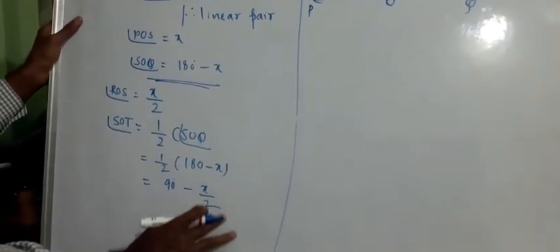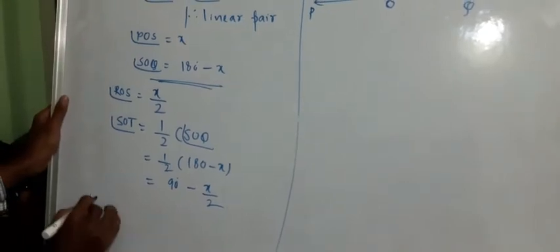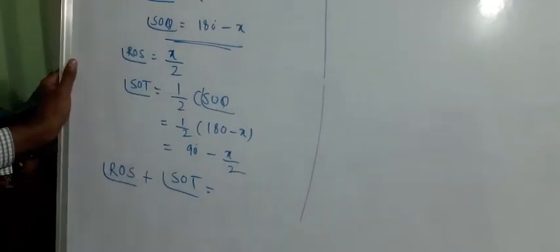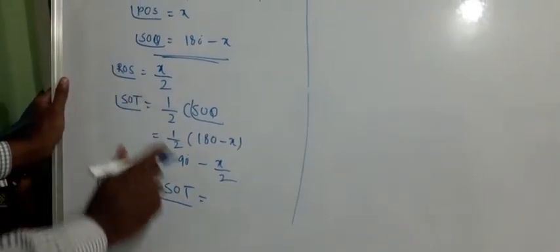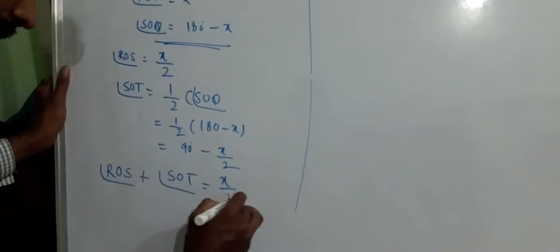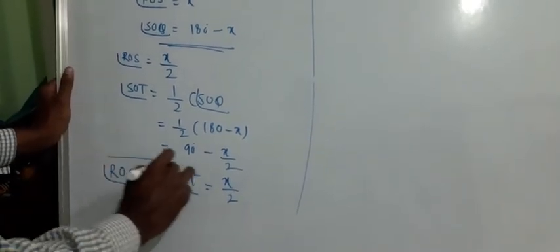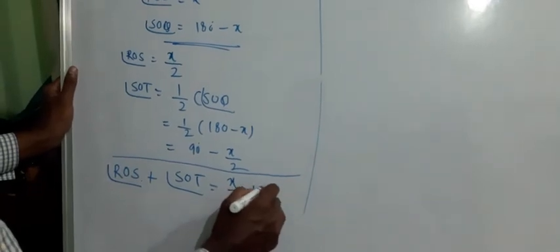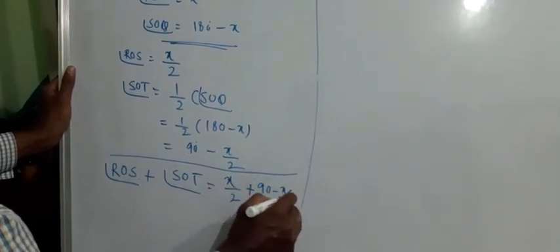Now, if I add angle ROS plus angle SOT, what is ROS? x by 2. What is SOT? 90 minus x by 2.